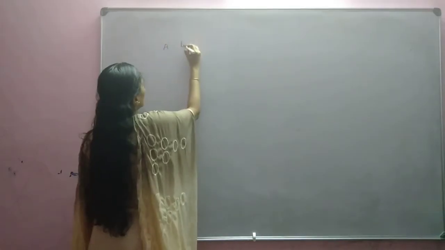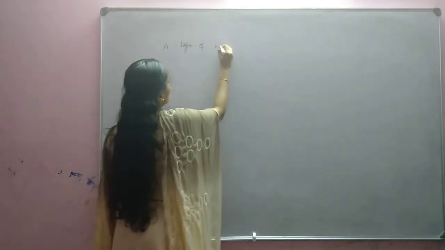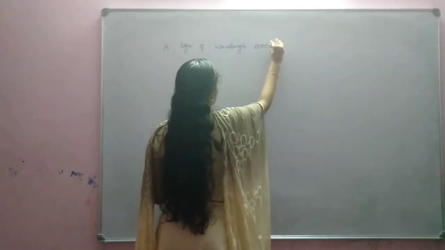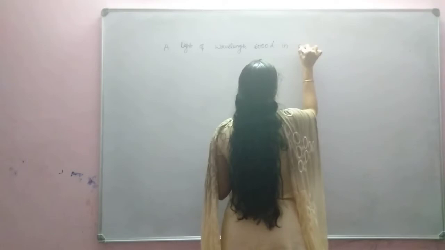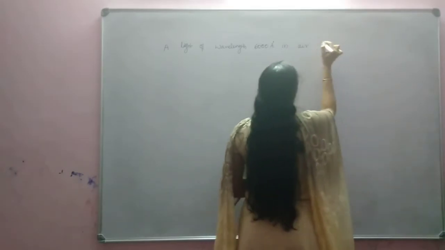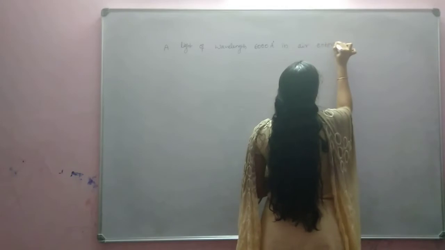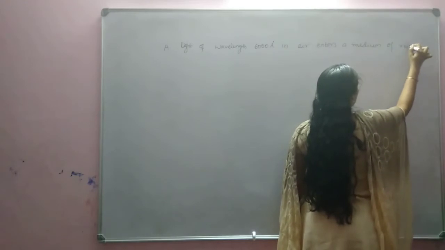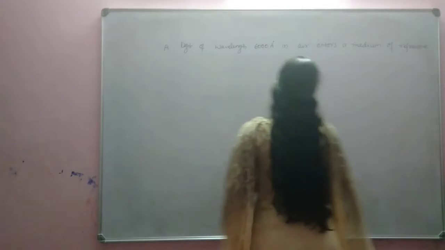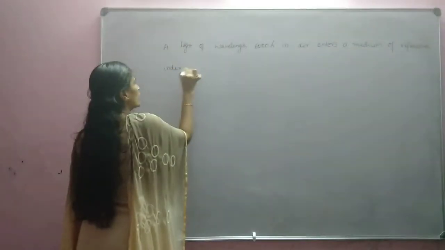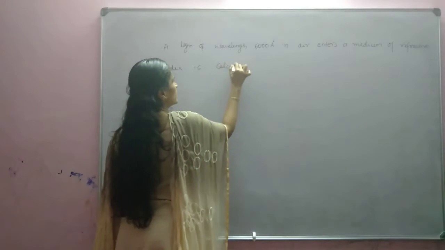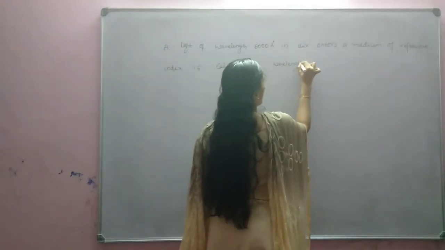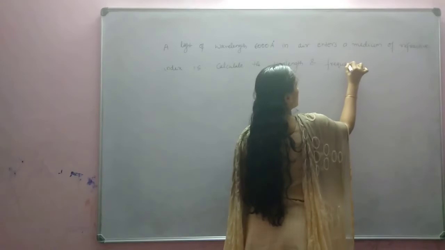A light of wavelength 6000 angstrom in air enters a medium of refractive index 1.5.